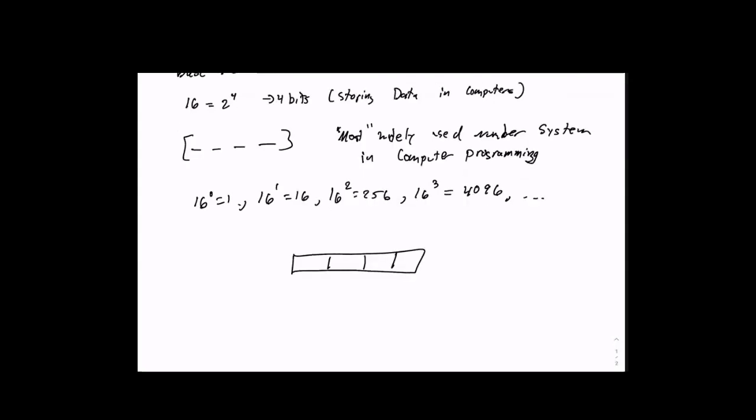So each of the digits here would be for 1, for 16, for 256, for 4,096, and for each of the numbers, this is where it's going to get a little bit different: how many different values can go within each placement value?